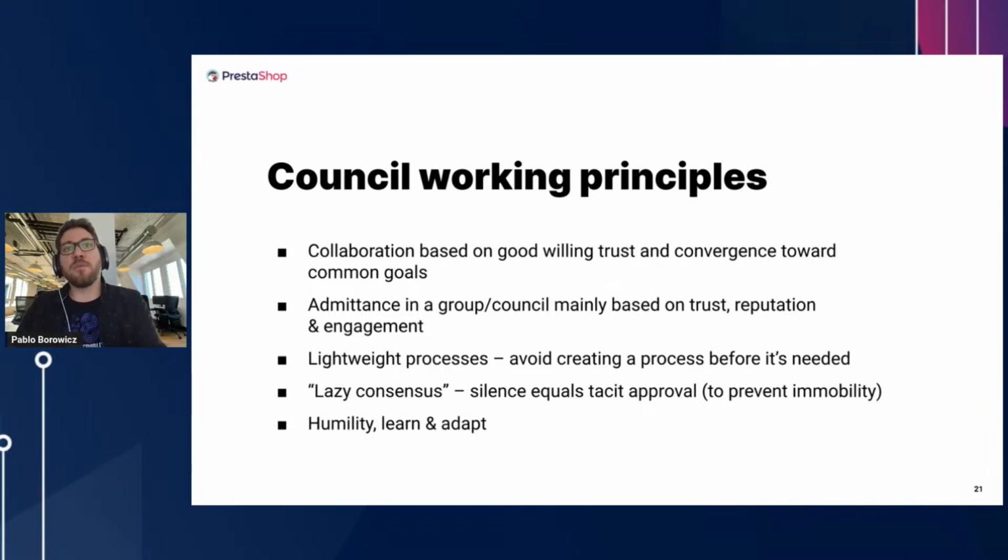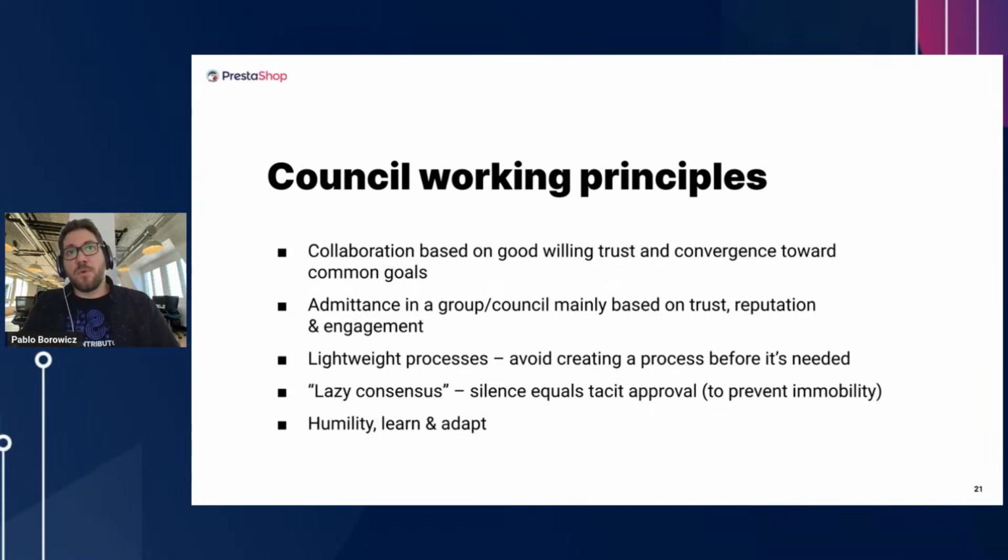So I trust his skills because he has proven that he knows what he's doing. And this is, of course, something that isn't built overnight. Engagement as well, because it's no use having a person in a council if this person never participates in discussions and is just there for show.